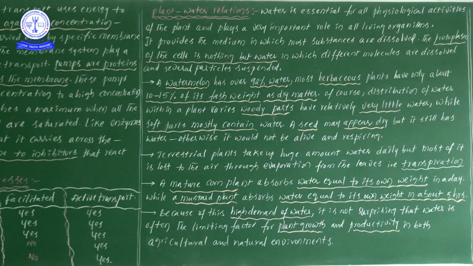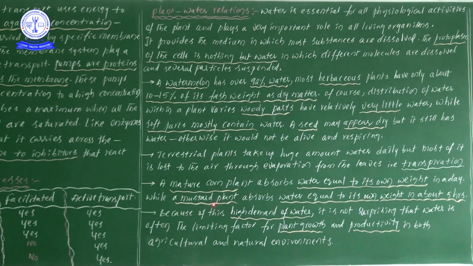Next one, a mature corn plant; maize corn you know, we have sweet corn and normal corn. So a mature corn plant absorbs water equal to its own weight in a day. Suppose the corn plant weighs 2 kg, then it absorbs 2 liters of water within a day. Remember this well. Then another example, the mustard plant.